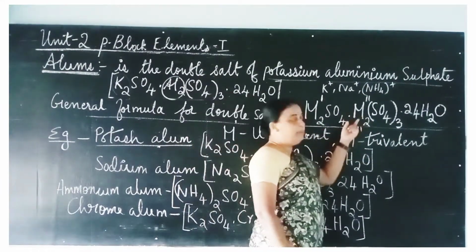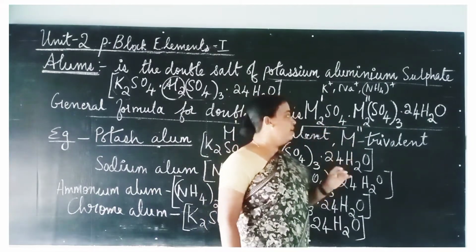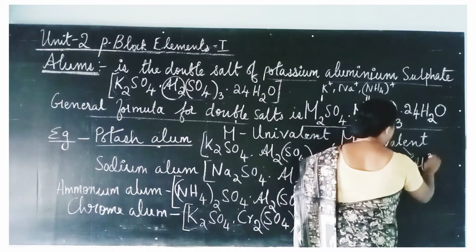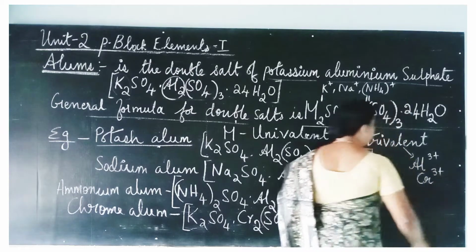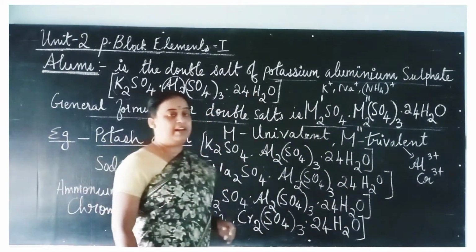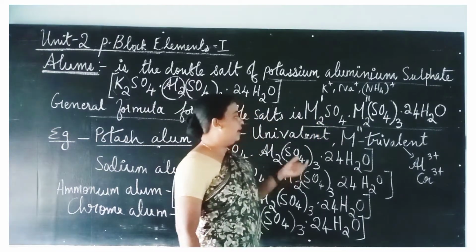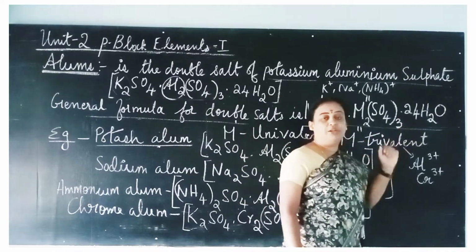Likewise, the second M is trivalent. It has valency 3. Examples of trivalent ions are aluminium, Al3 plus, and chromium ion, Cr3 plus. So the first salt will always be a univalent salt and the second salt will always be a trivalent salt, along with 24 water molecules.